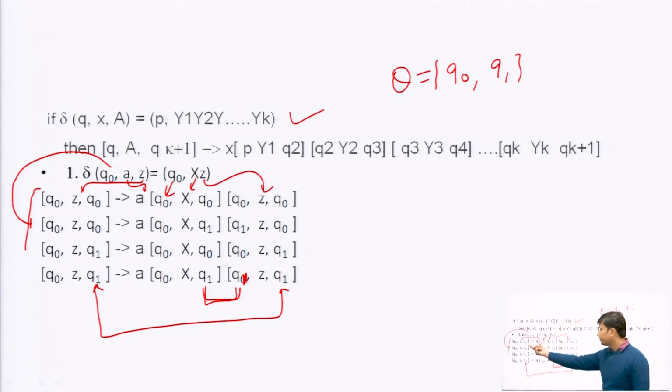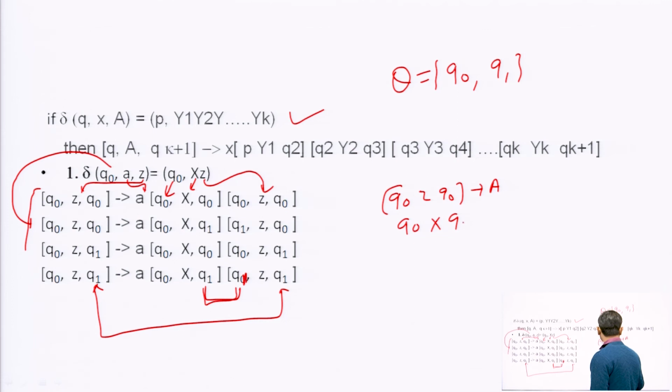So these are non-terminals, all are single variable q0. Already I have told you that whatever you have written in square brackets, these are variables. Suppose this is variable q0, if you take q0 z q0 as a, so q0 x q0, this is a b, so you can write this one as a.